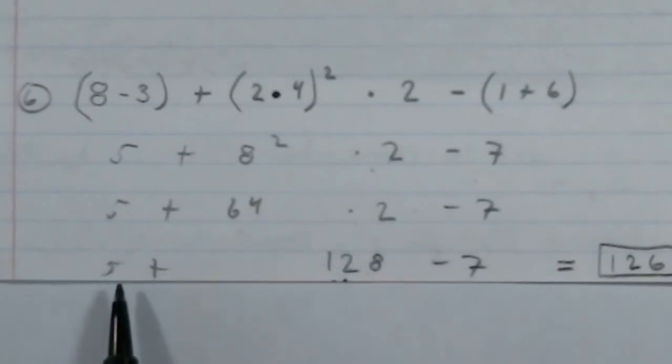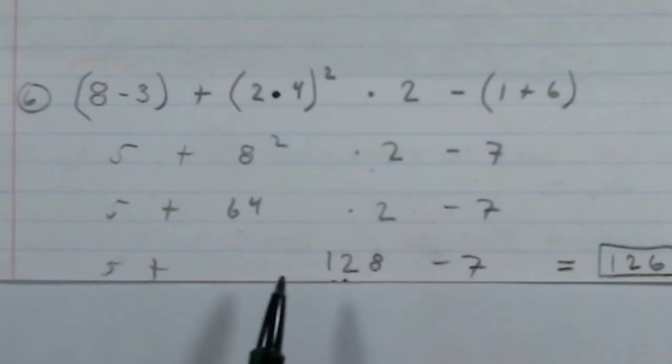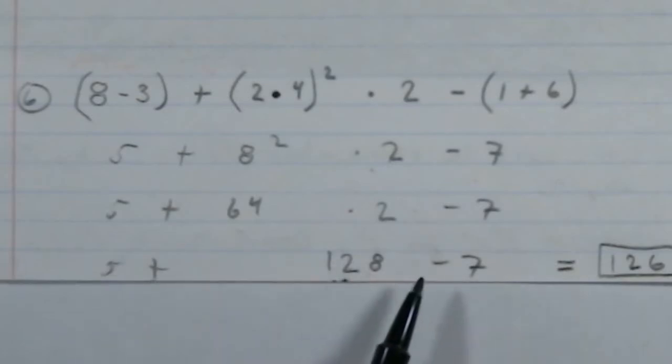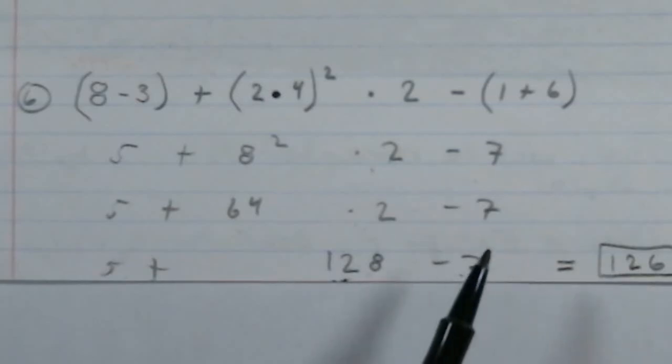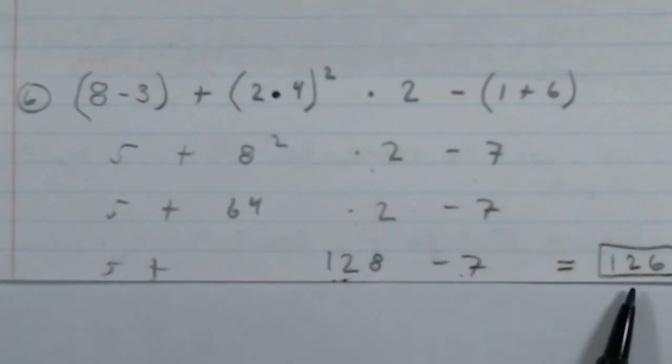Now I have 5 plus 128 minus 7, which gives me 126. Hopefully that worked a little bit. So remember that PEMDAS.